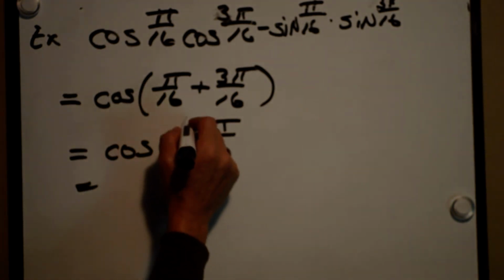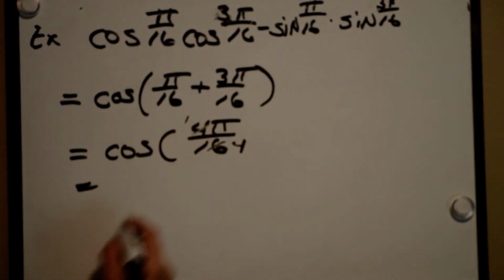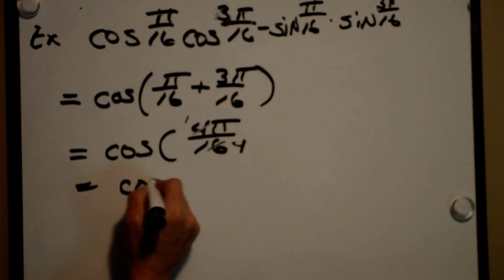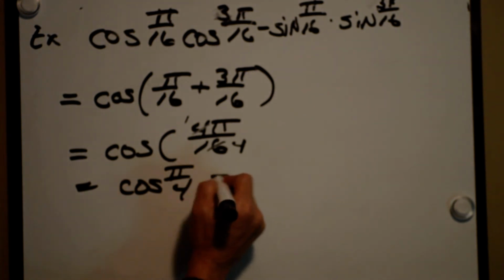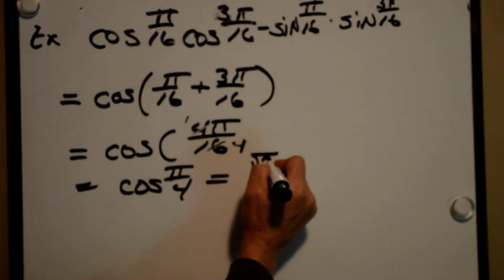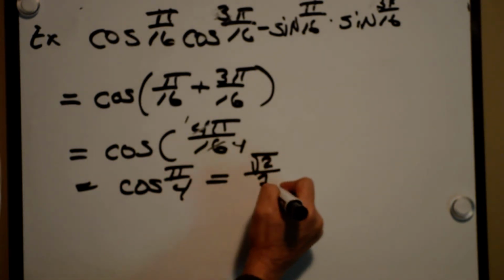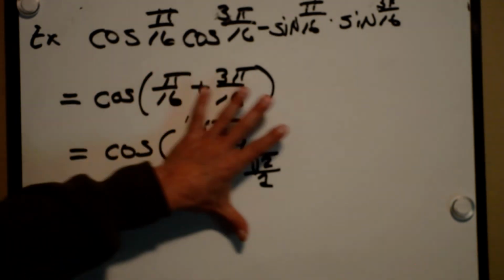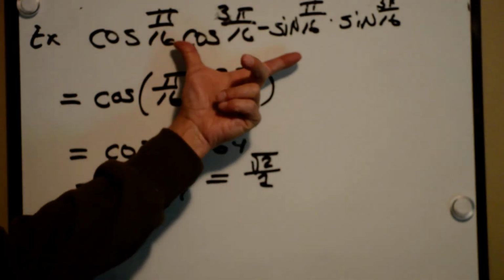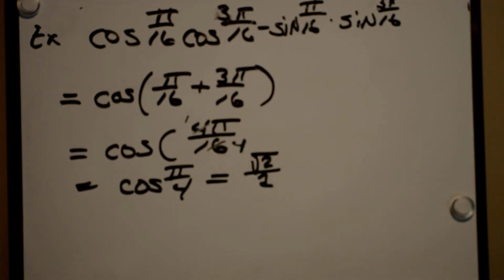Simplify that: 4 goes into 4 once, 4 goes into 16 four times. That is equal to the cosine of pi over 4, which is equal to radical 2 over 2. That's all there is to it. It's much easier.